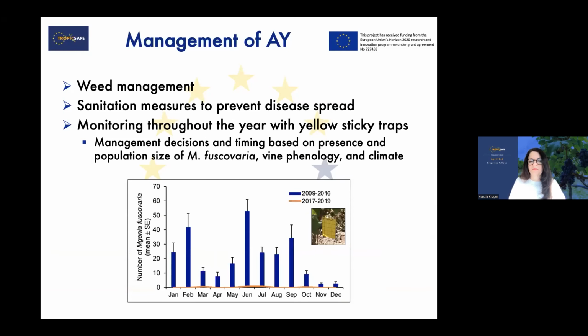Then monitoring, we recommend that monitoring of Mgenia fuscovaria continues throughout the year with yellow sticky traps, to base management decisions on the timing of insecticide treatments on the population size of Mgenia fuscovaria, vine phenology, and the climate.